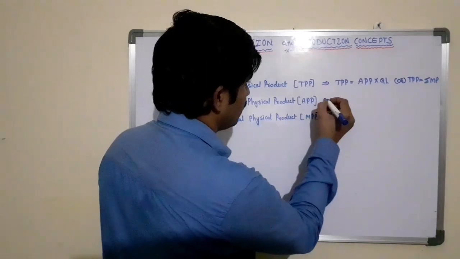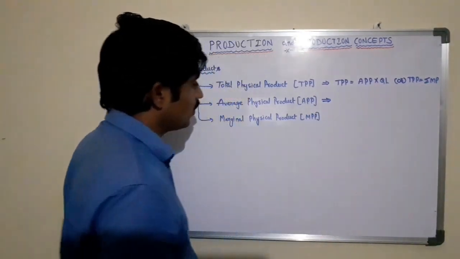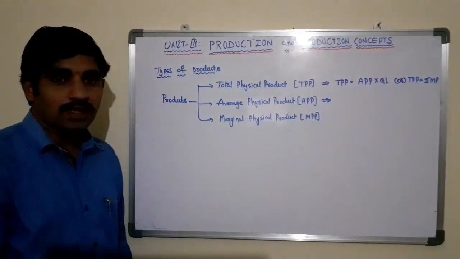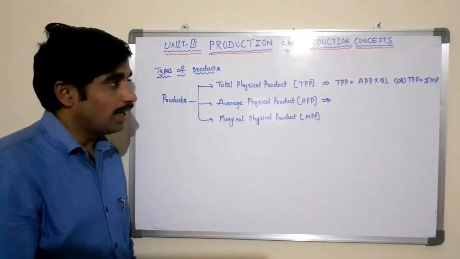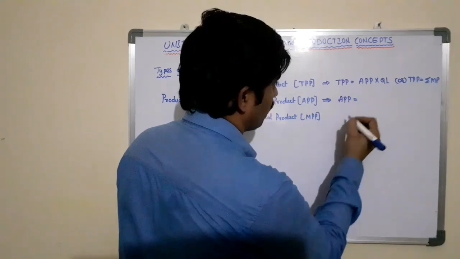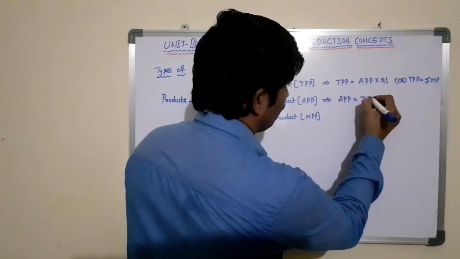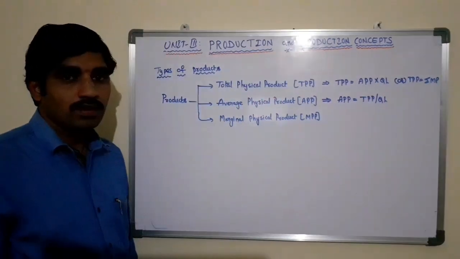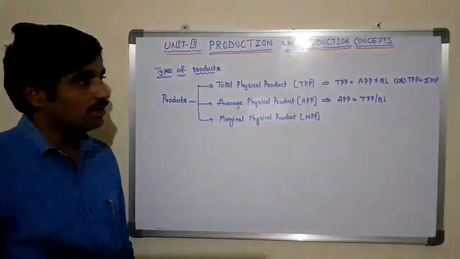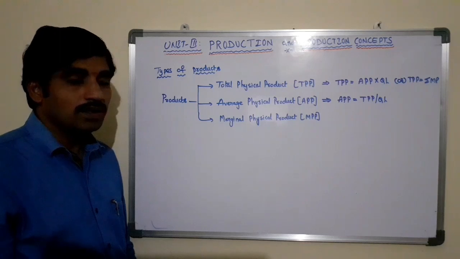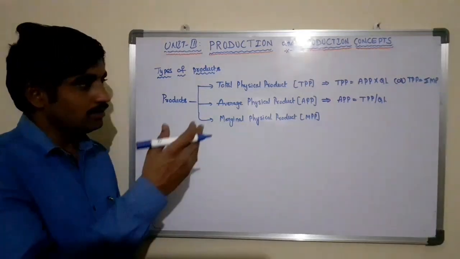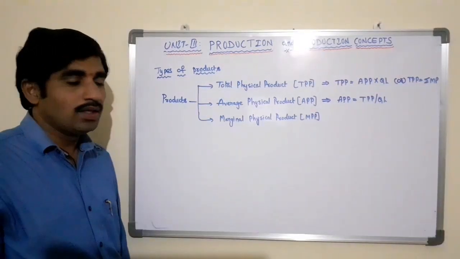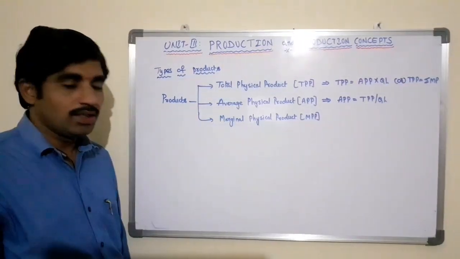Whereas the average physical product is expressed as total physical product by quantity of labor, the relationship between total physical product and quantity of labor.